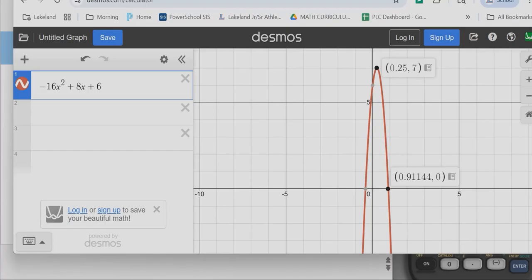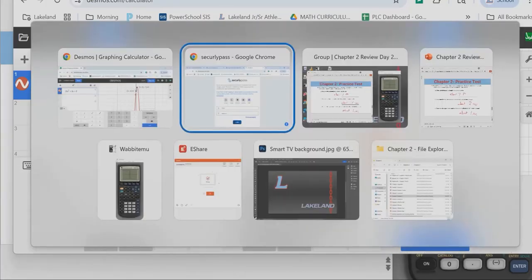And then we see that it hits the ground, right? It goes back to a y value of 0 at 0.91 seconds. So we were pretty close on our estimates, but Desmos gives you a quick way to get to a more accurate solution.